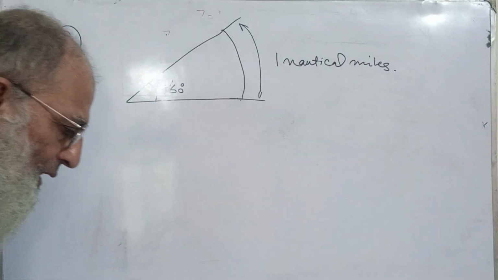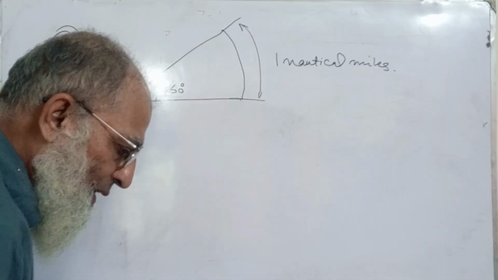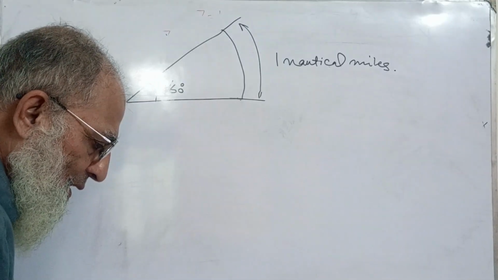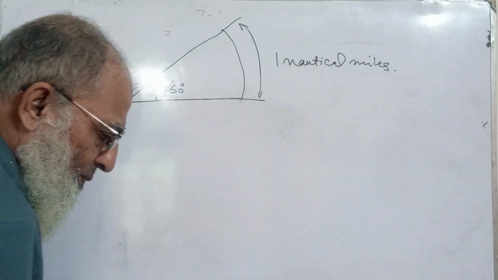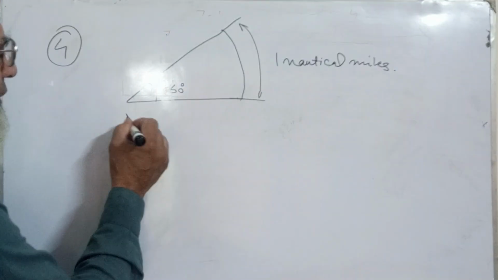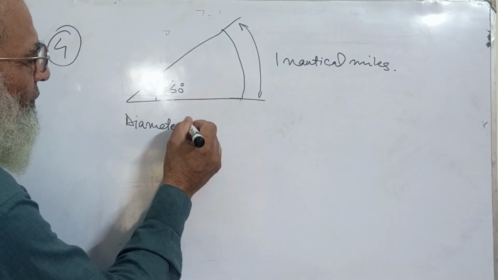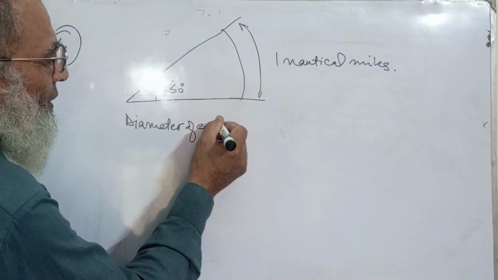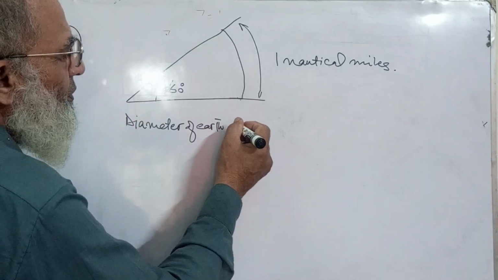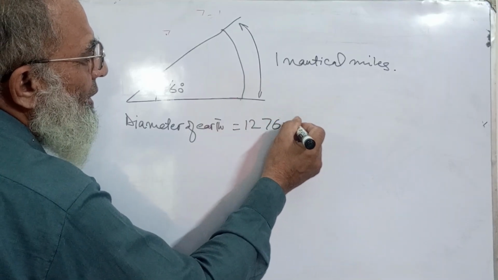Now what we have to find is, when the angle at the center of the earth is this, the arc. The earth diameter, as per your book, is approximately 12,760 kilometers.